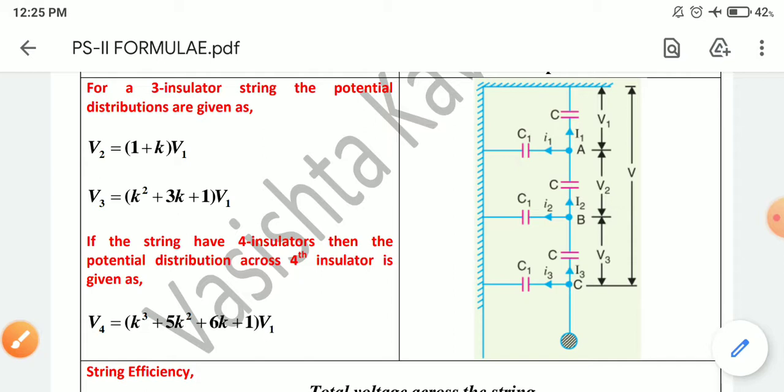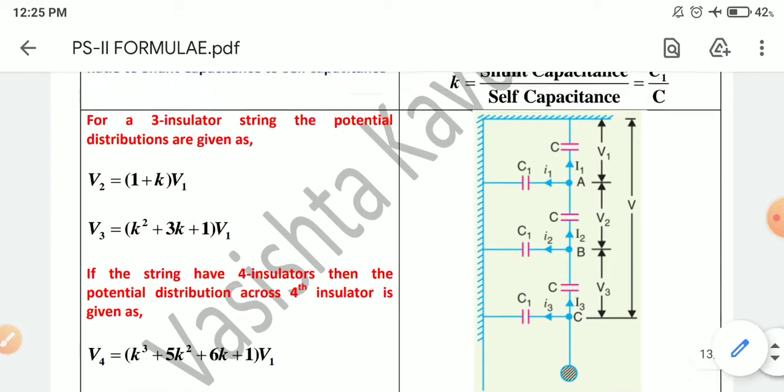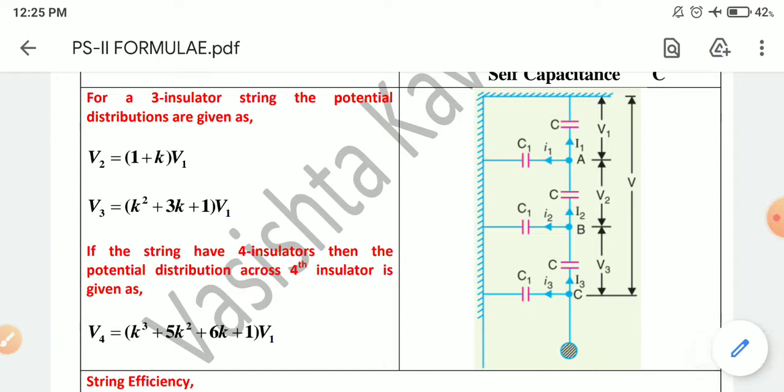From this relation we can say that the disc near the conductor shares more voltage compared with the disc near the cross arm. This makes the insulator near the conductor subjected to more electrical stress, which brings damage to the insulator near the conductor. So that is why it is always advantageous to make the voltage distribution uniform by some methods of improving the string efficiency.